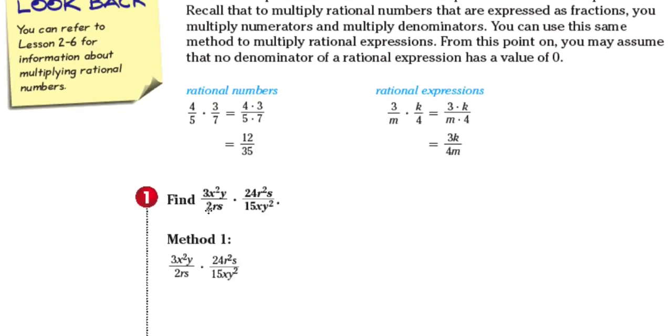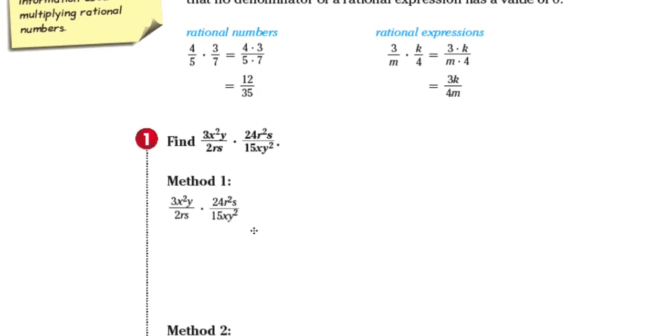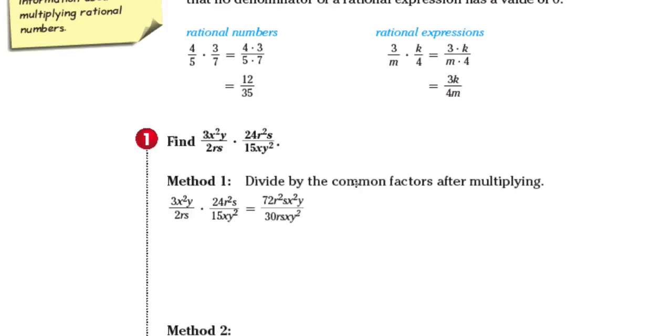If you have 2 rational expressions being multiplied, 3x squared y all over 2rs times 24r squared s all over 15xy squared. Method 1, we will divide the common factors after multiplying.